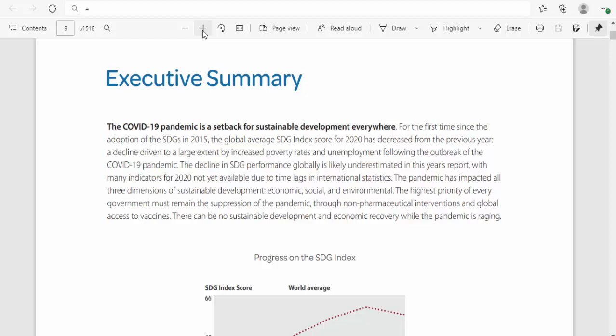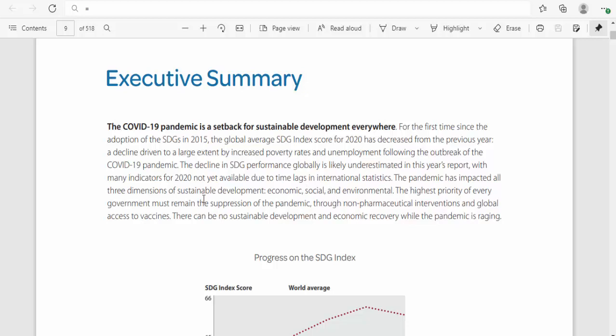It declined driven to a large extent by increased poverty rates and unemployment following the outbreak of the pandemic. The pandemic has impacted all three dimensions of sustainable development: economic, social, and environmental.